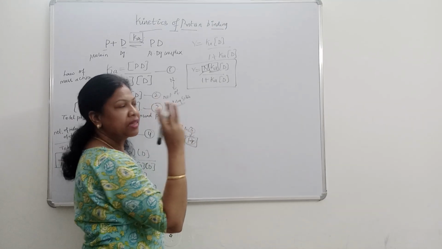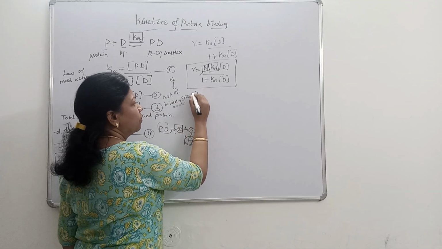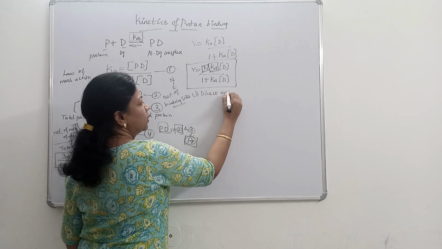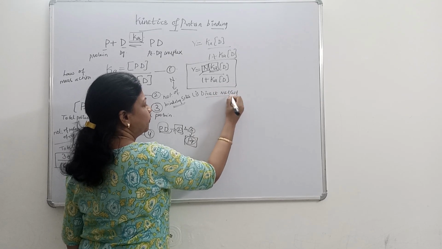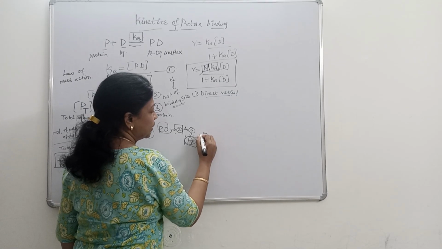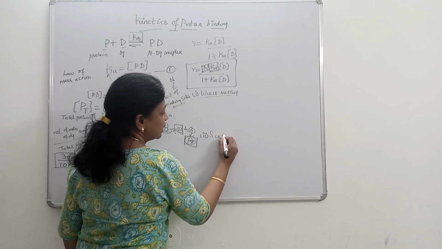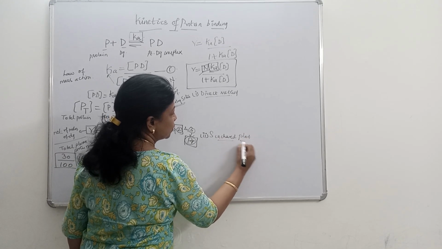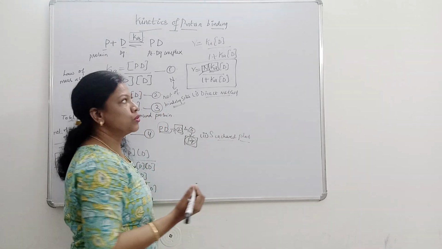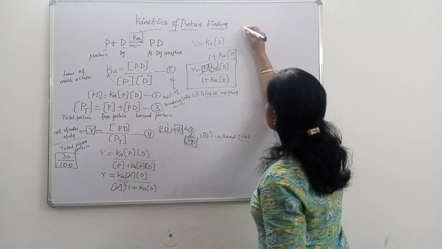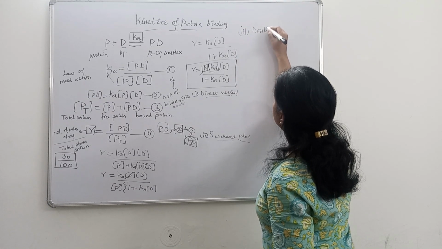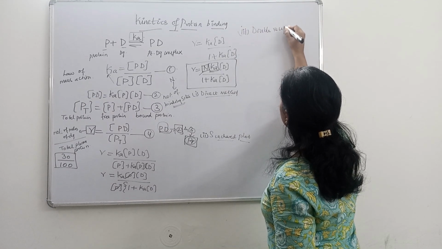So we have three methods for this determination. One is the direct method of determination of N and Ka, the second method is using a Scatchard plot or Scatchard equation, and the third method is by using a double reciprocal plot.